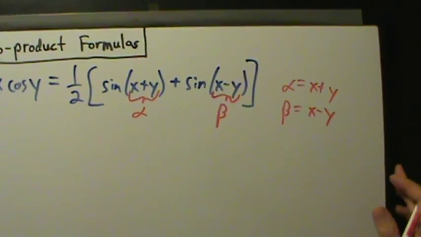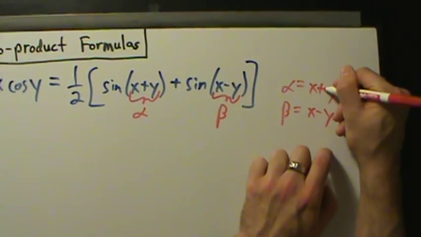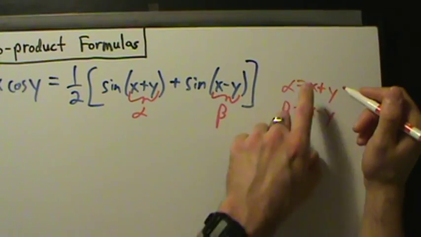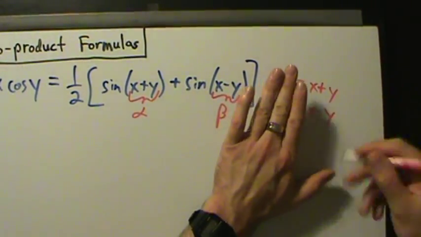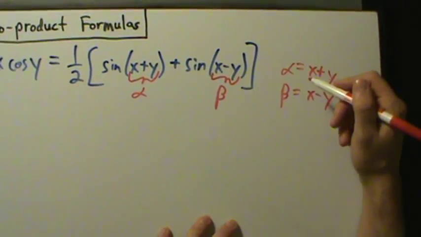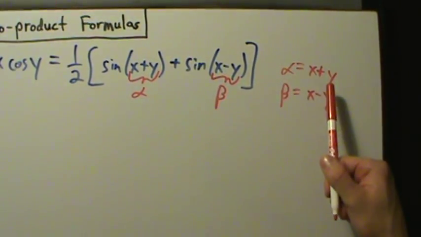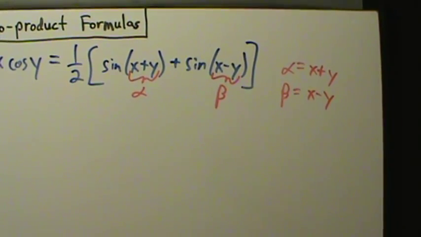Now what we have here is a system of two equations with two variables, technically speaking. So our variables can be thought of as x and y. We don't want to get that detailed about it. What we can do is solve this system of equations for x and y. We know that alpha is x plus y and beta is x minus y, but how do we express x and y in terms of alpha and beta?